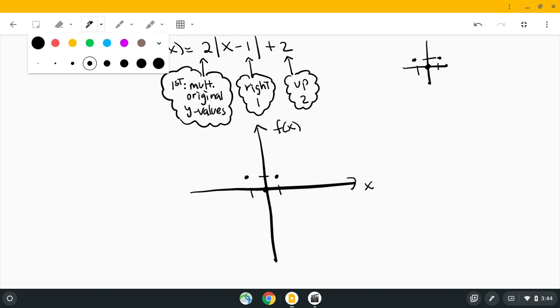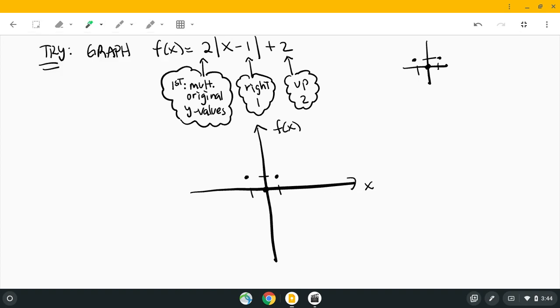I won't do the dash graph. Now I'm going to multiply the original y values. This has a y value of 1, so it gets multiplied by this outside number 2. So 1 times 2 is 2, so it goes here now.